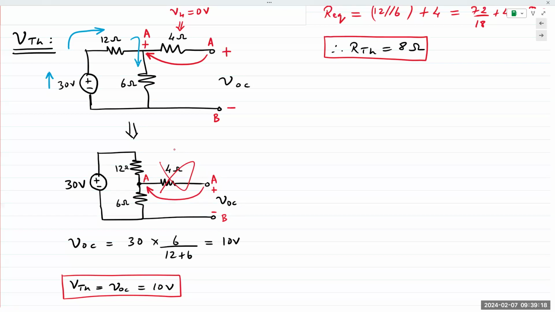So we're trying to find the voltage across the 6 ohm resistor. And to find the voltage across the 6 ohm resistor, we can apply voltage division.